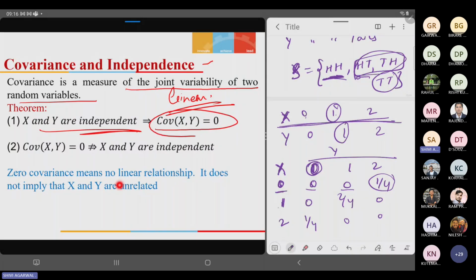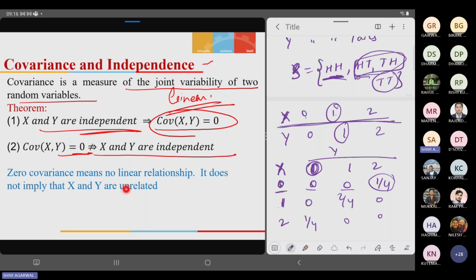Means they are not dependent on each other, so they don't have any relationship between them. That's why covariance is equal to 0. But if covariance is equal to 0, it doesn't mean that x and y are independent. Because that is a simple calculation. By chance this calculation is coming 0, so it doesn't mean that x and y are independent. So it is only a sufficient condition, not the necessary condition.